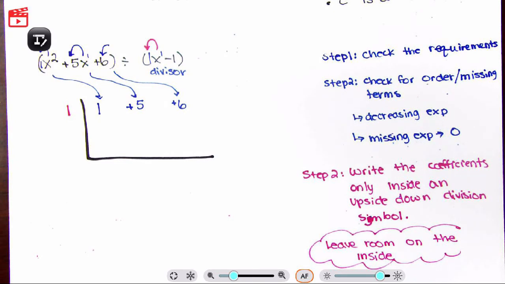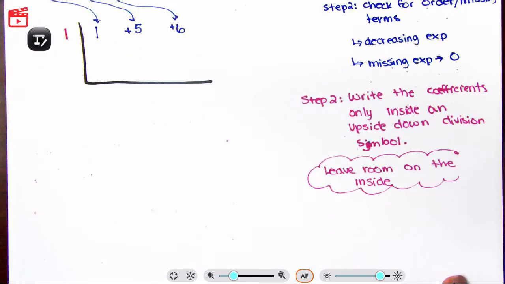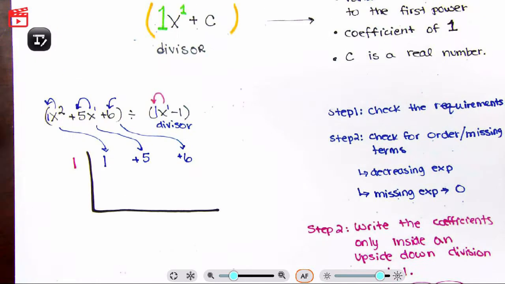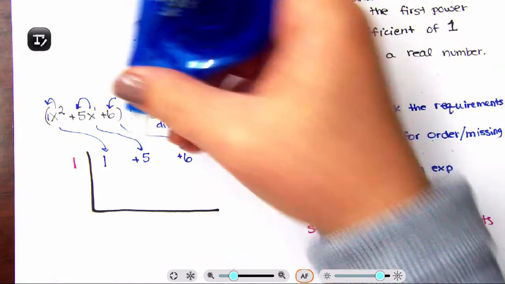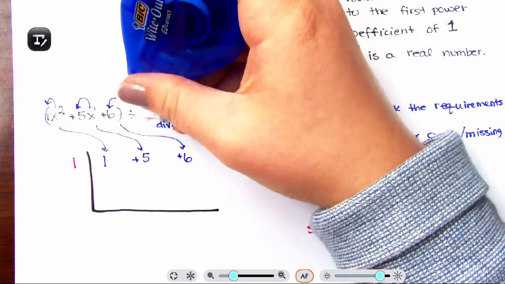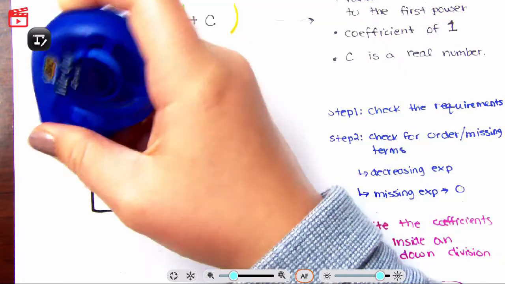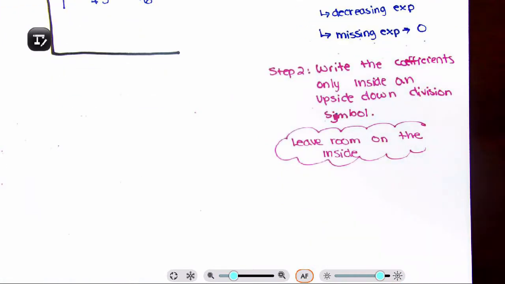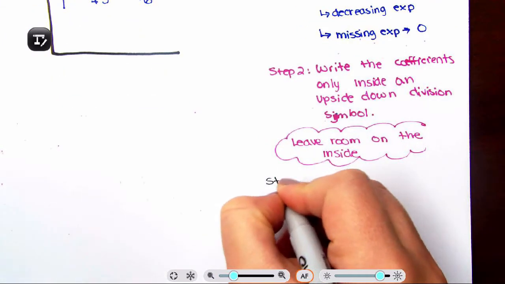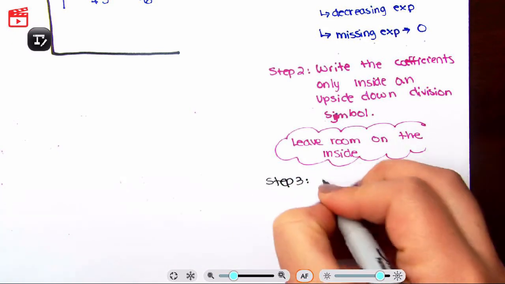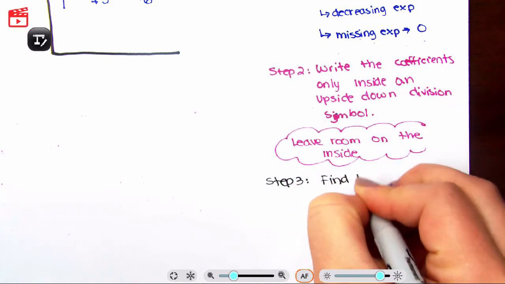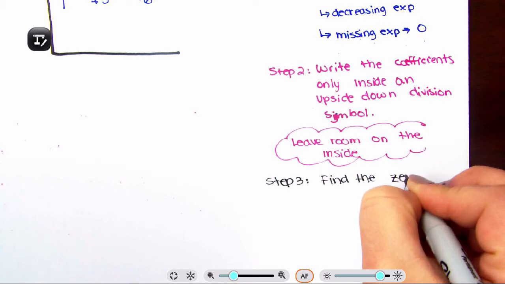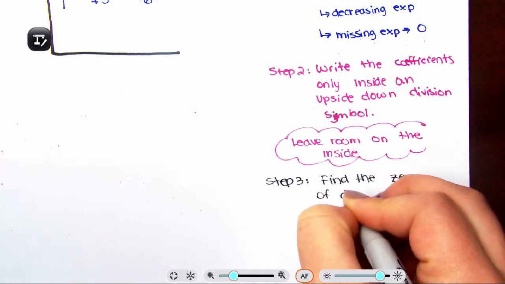Now, these are the steps that you do once you have done that. Oh, back up a little bit. I want to clarify something. This is not it. We're going to remove that arrow. Shame on teacher. Okay, let's do this. Step 3: find the 0 of your divisor.